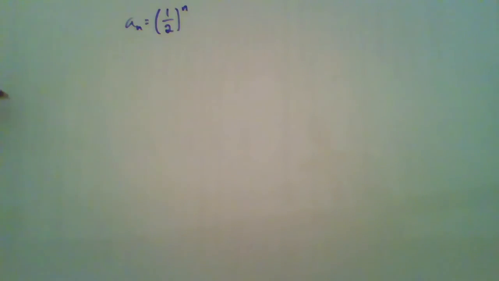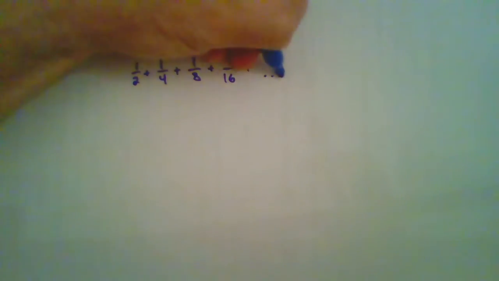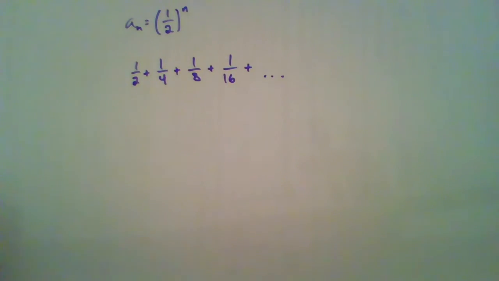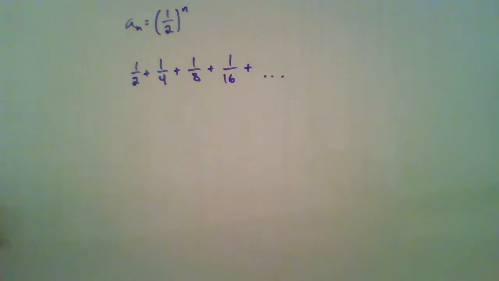So what we're really talking about when we talk about the partial sum of this sequence, we're adding up 1/2 plus 1/4 plus 1/8 plus 1/16 and so forth, right? You might notice that each of these fractions is half of the fraction before it.